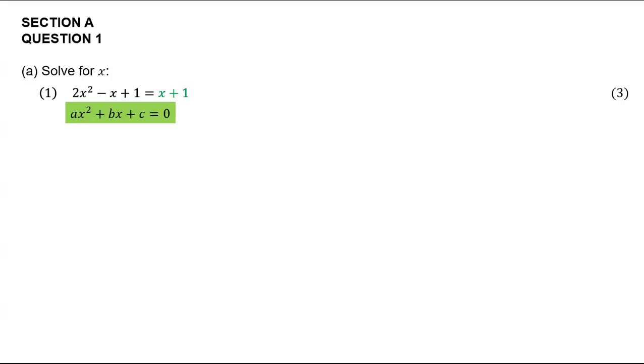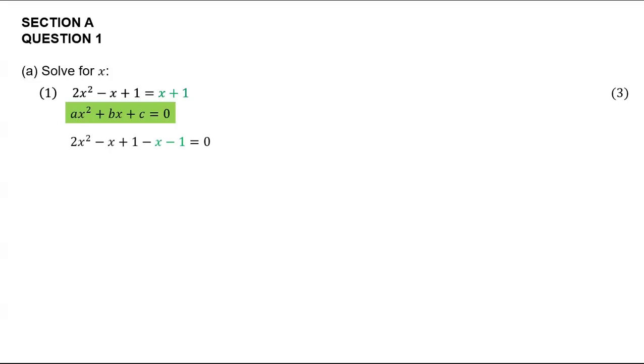Now, for this one, when you transpose x, it'll give you negative x. When you transpose 1, it'll give you negative 1. To simplify this, remember, you can only add or subtract like terms. Terms are like if they have the same variable and the exponents of those variables are also the same.